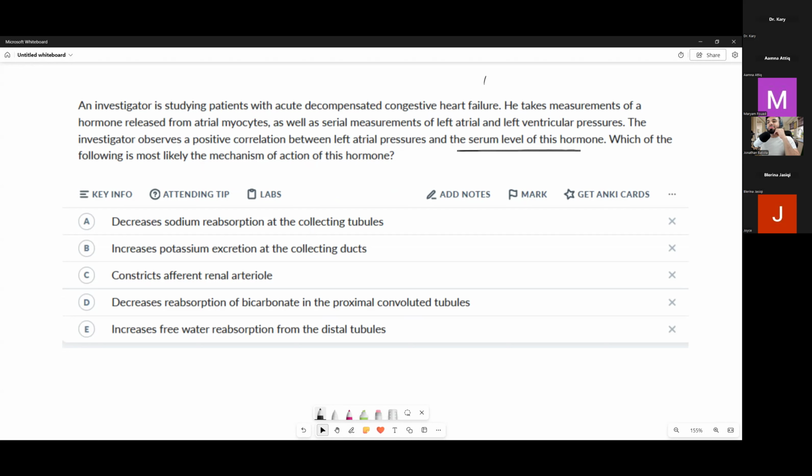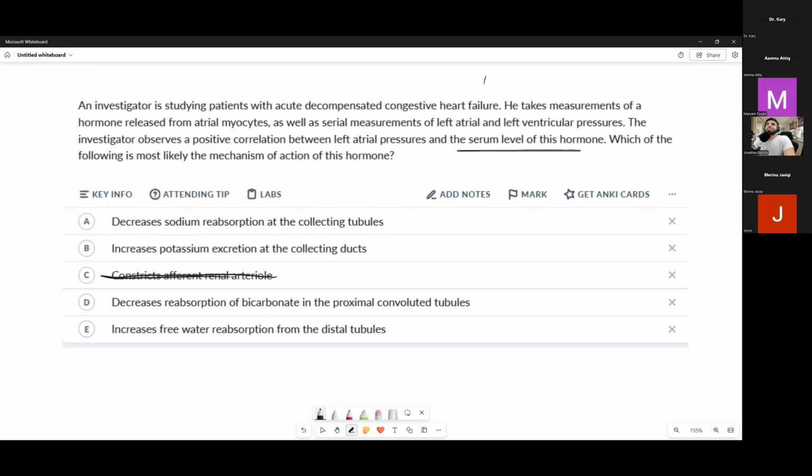No, this seems like an action of an aldosterone agonist, like a mineralocorticoid. And then constricts the afferent renal arteriole. No, I don't think so, because it dilates the afferent and constricts the efferent in order to bring about the increased excretion of fluid.